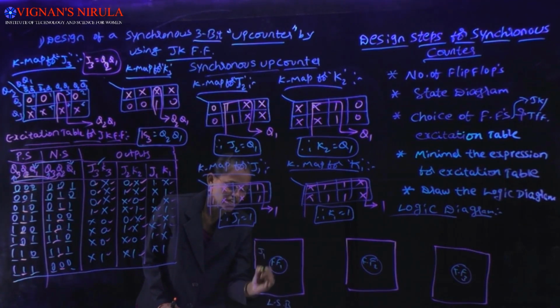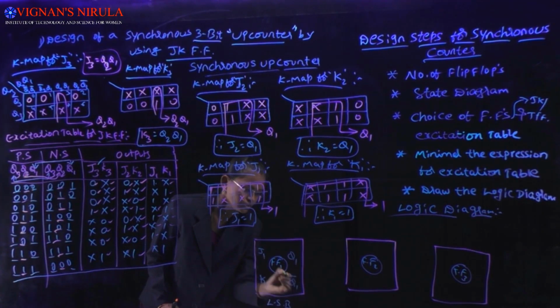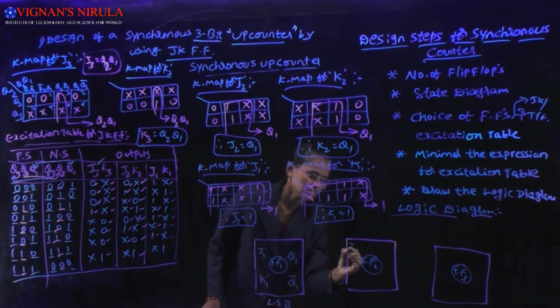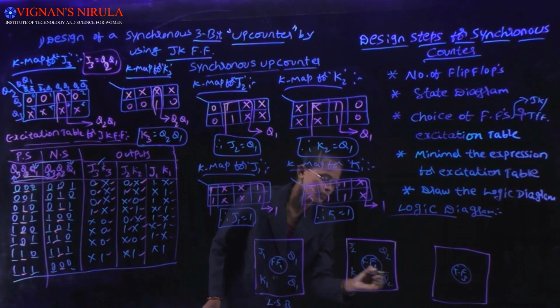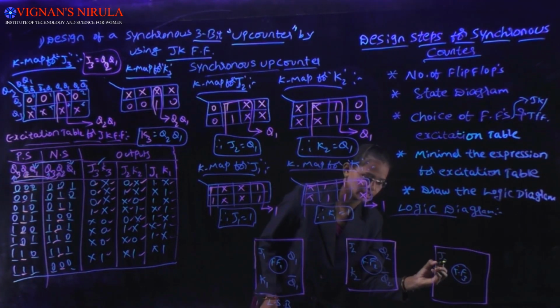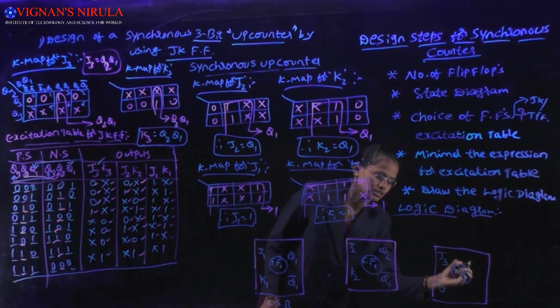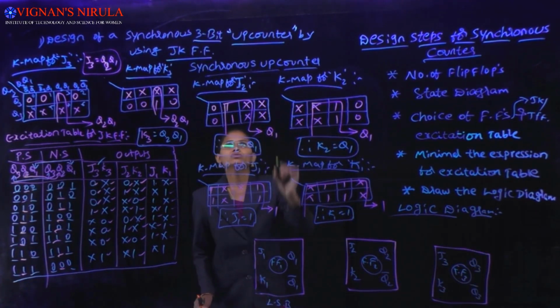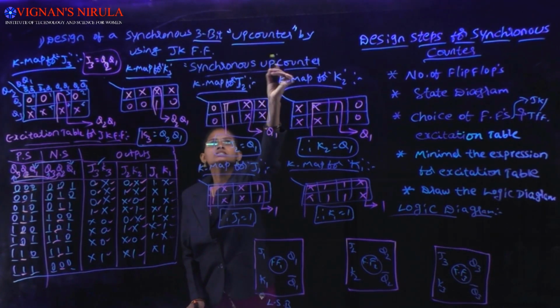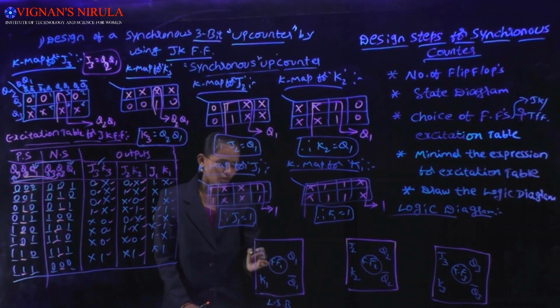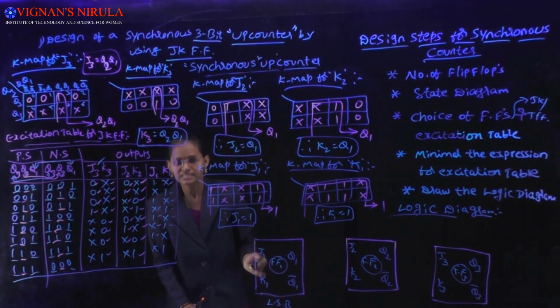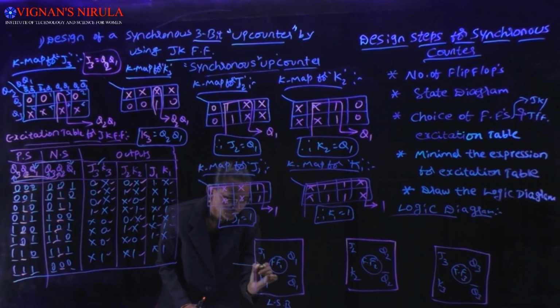Okay, this is J1 K1, Q1 bar, and this is J2 K2, Q2 bar, and this is J3 K3, Q3 bar. Here we are using the synchronous up counter. In synchronous we are using the same clock pulse.